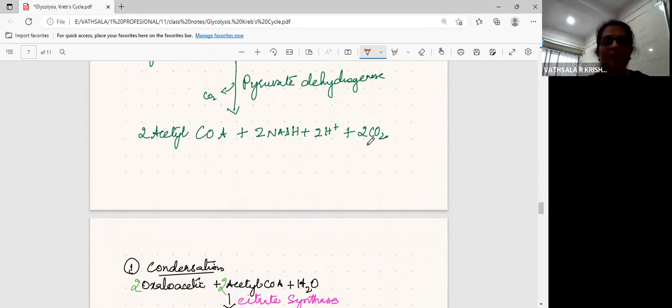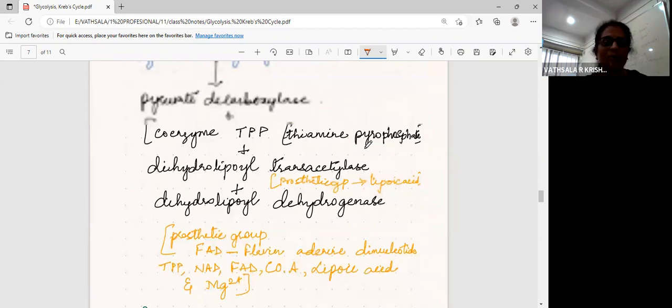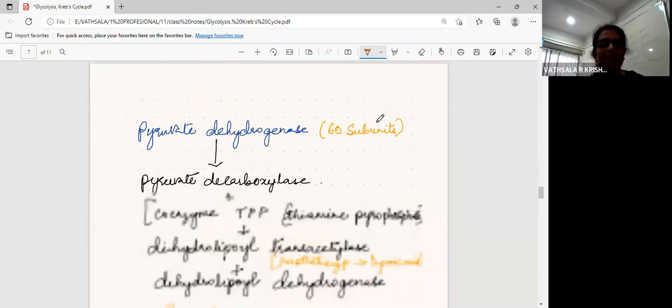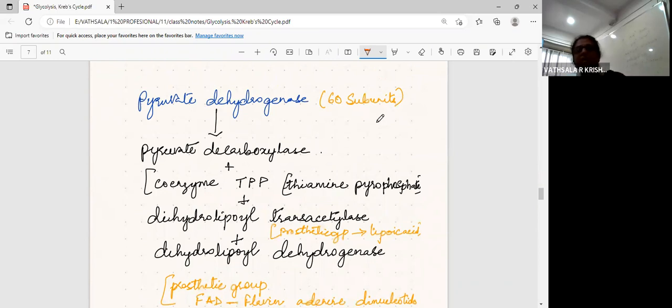Now all of you look into your citric acid cycle and write certain points. I have written the steps involved in the citric acid cycle, one below another. Before going into the citric acid cycle, I would suggest you look here. Sir Hans Krebs described this. Pyruvate dehydrogenase is a complex enzyme. Why is it required? For the removal of hydrogen and carbon dioxide from pyruvate, and then it becomes acetyl-CoA.